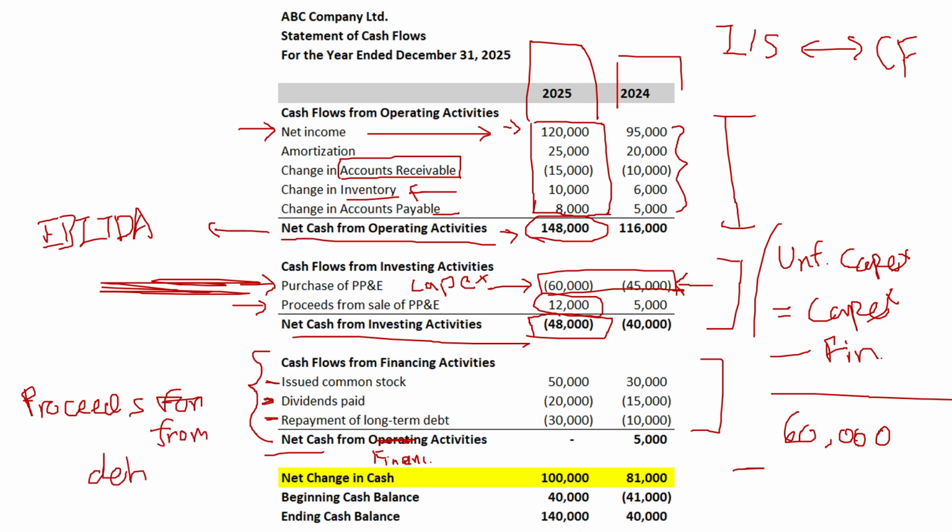It's going to be written not exactly this way every time, but something similar to that, proceeds from debt. If there's an item like that, then it would be financing. So in this case, based on this cash flow statement, the unfinanced capex, because financing is 0, would just be 60,000. Okay, so hope you followed that.